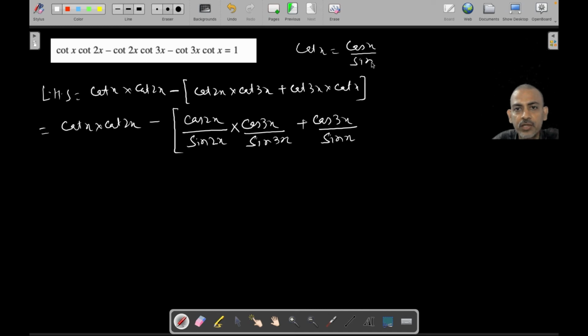This is the expression I'm using, and why I'm using it is because if I take something as LCM, I will have some expression to work with. All right, so that's the reason I'm doing it, and I'll have cos x upon sin x.